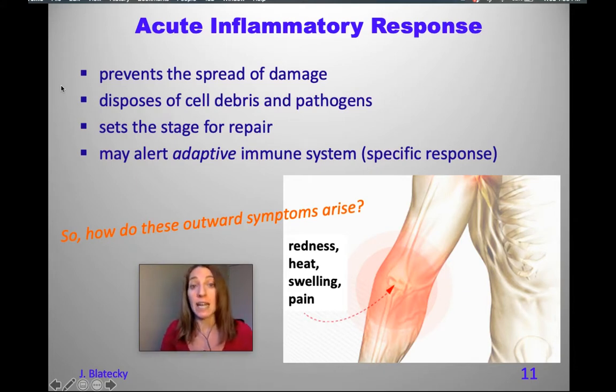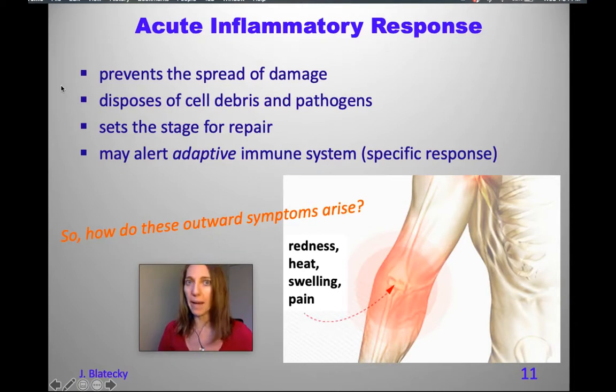It's going to set the stage for repair, right? Getting all those leukocytes to the site of injury. And in some cases, it will alert the adaptive immune system. So that specific line of defense, that third line of defenses. And so there's certainly interplay across these systems that would occur in a real situation.